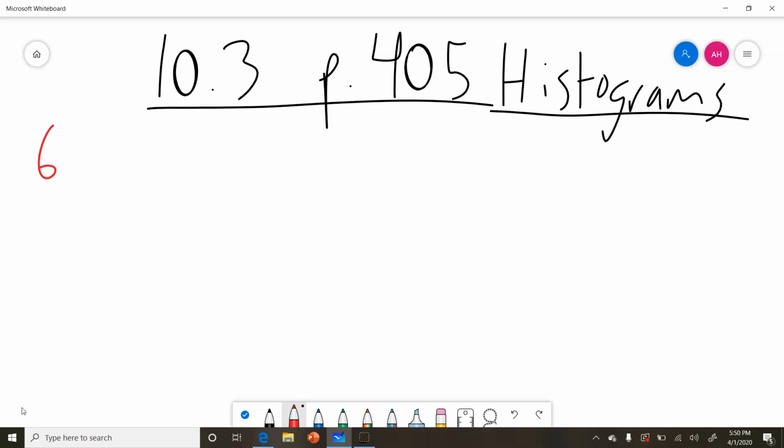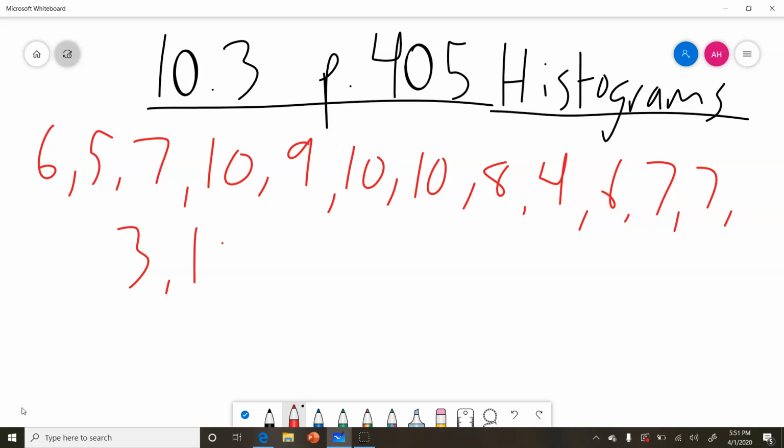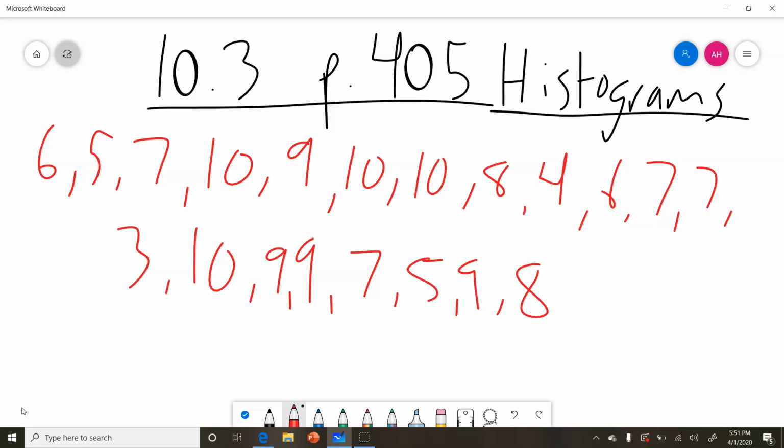They're going to give us numbers like this: 6, 5, 7, 10, 9, 10, 10, 8, 4, 6, 7, 7, 3, 10, 9, 9, 7, 5, 9, 8. Now that is a lot of numbers.